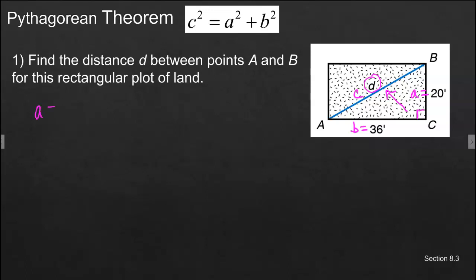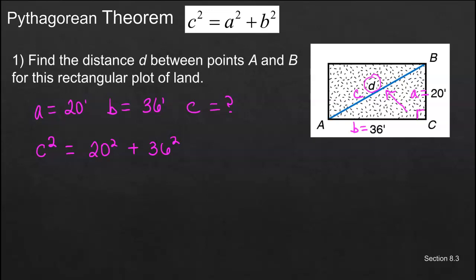Okay, so my A is 20 feet. B is 36 feet, and C is what I am looking for. And of course it will be a measurement in feet. So we set it up as C squared equals A squared plus B squared.